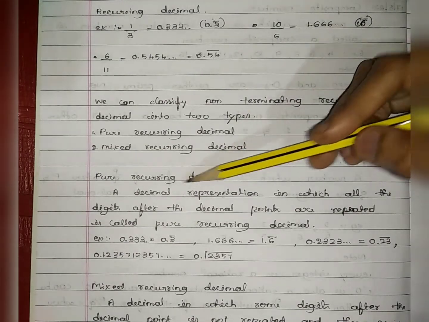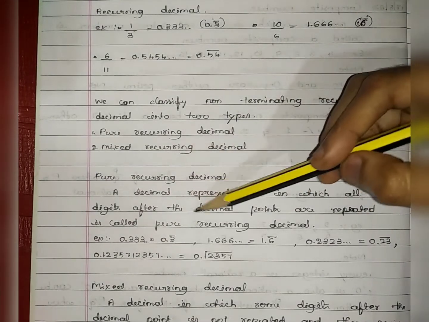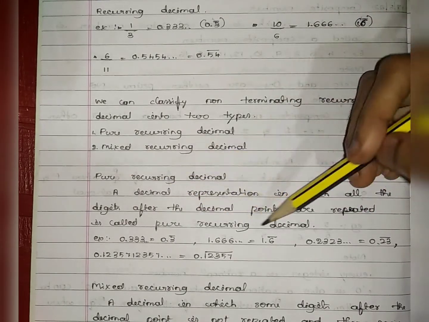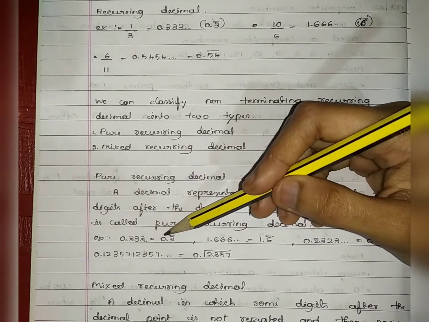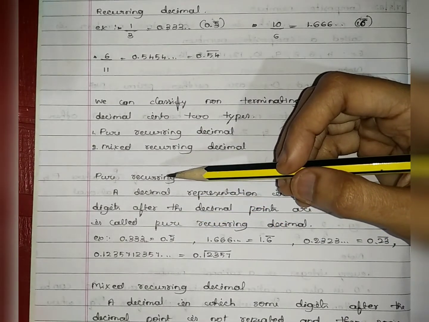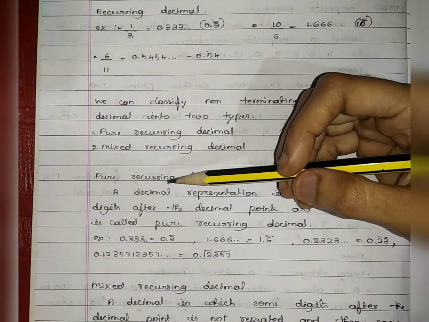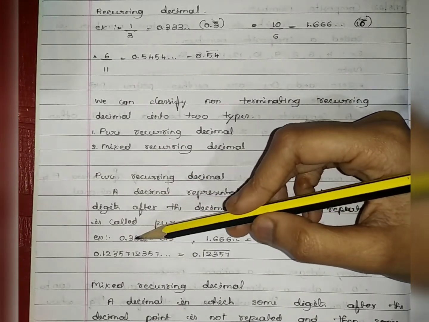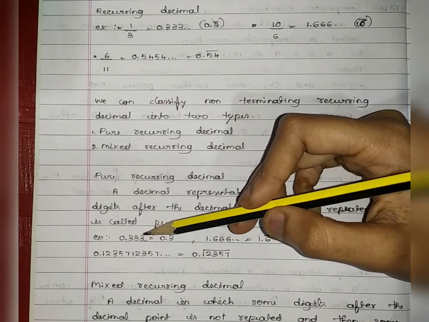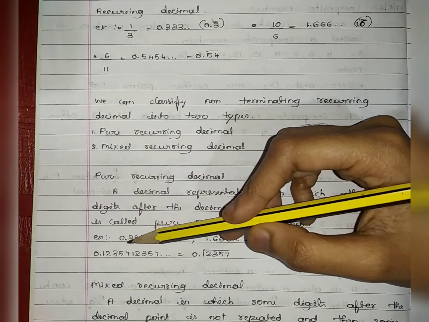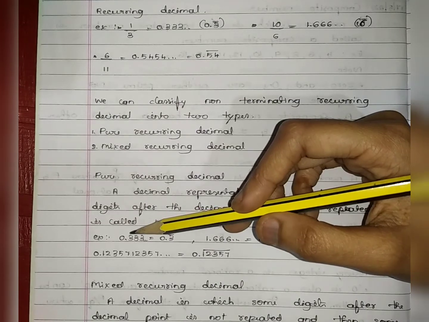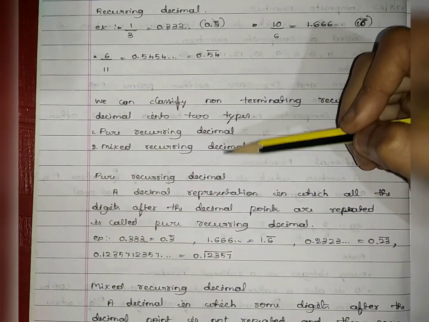Pure recurring decimals are decimal representations in which all the digits after the decimal point are repeated. 0.333 is equal to 0.3 with a dash. In a pure recurring decimal, all the numbers after the point get repeated.